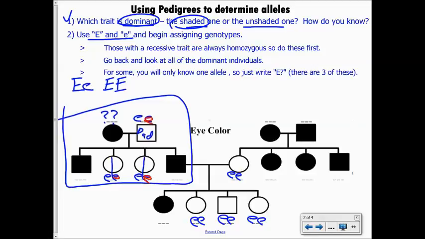One of them came from dad. And the other one had to come from mom. Well, if we already took the one from dad, that means this remaining little e here had to come from mom.